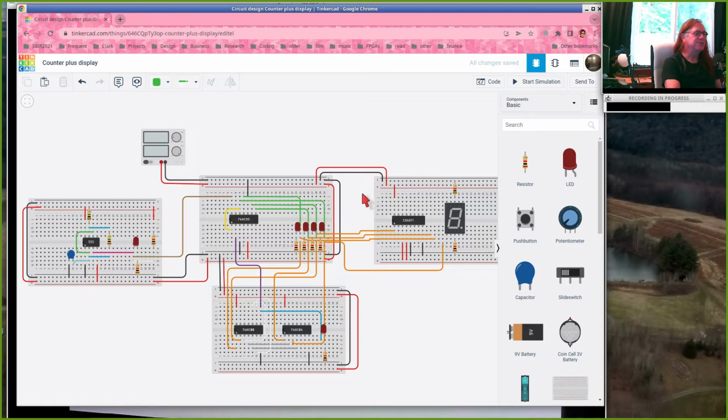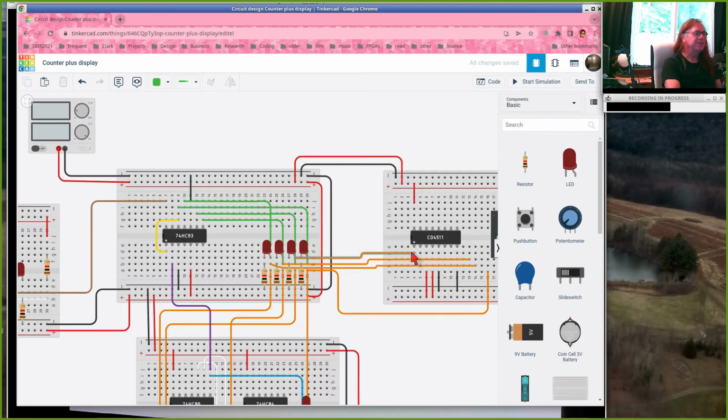And you can take your circuit apart. If I disconnect this one wire from this 4511's input, then the system will reset correctly. When it gets up to 15, it'll go back to 0 and so on. So I can take this and move that wire somewhere out of the way and run my simulation. There's 1, 2, 3, 4.